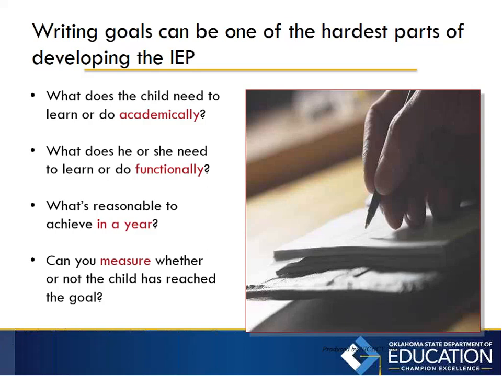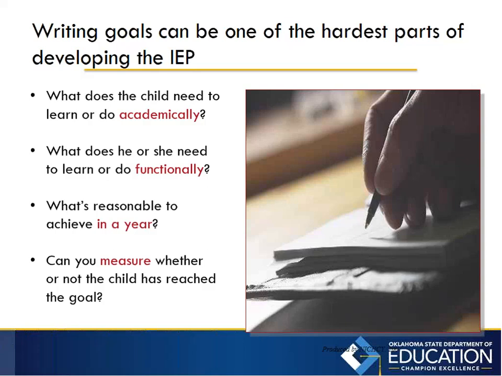If he struggles in reading, is it reading fluency? Is it reading comprehension? Is it phonemic awareness? What goals does he need to help with his reading? Also, ask this question: what does he or she need to learn or do functionally? What's reasonable to achieve in a year?